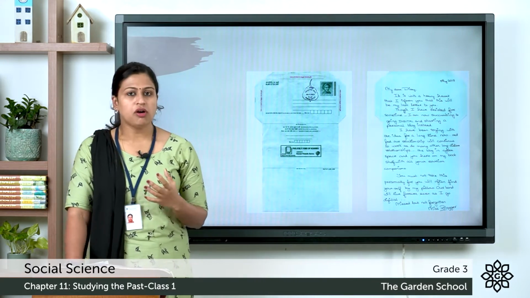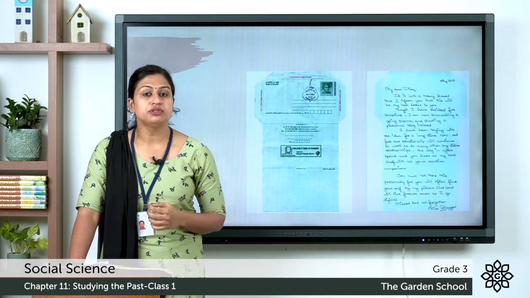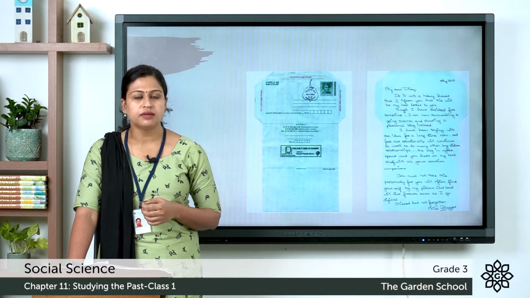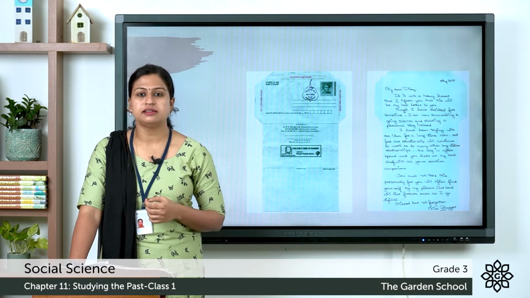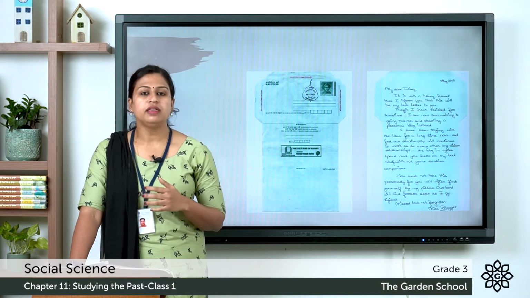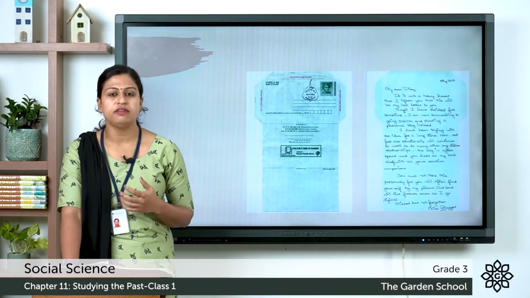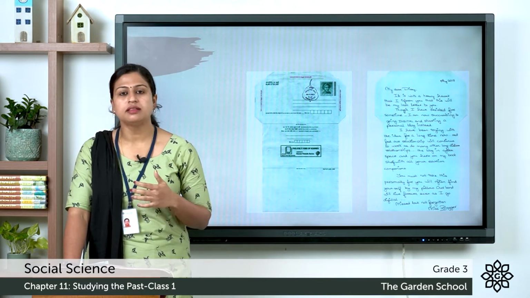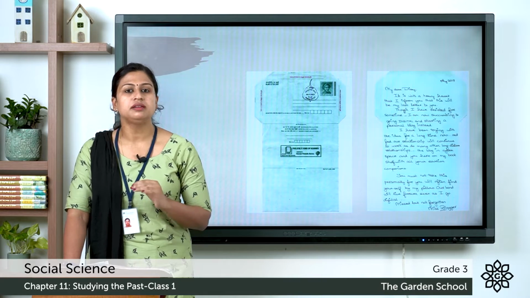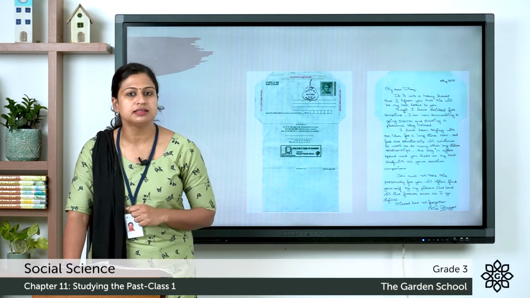Your grandparents might have used inland letters and postcards, and your parents might have used landline phones and telegrams. And now we have many facilities like emails, mobile phones and other social media to be in touch with people living in another city.